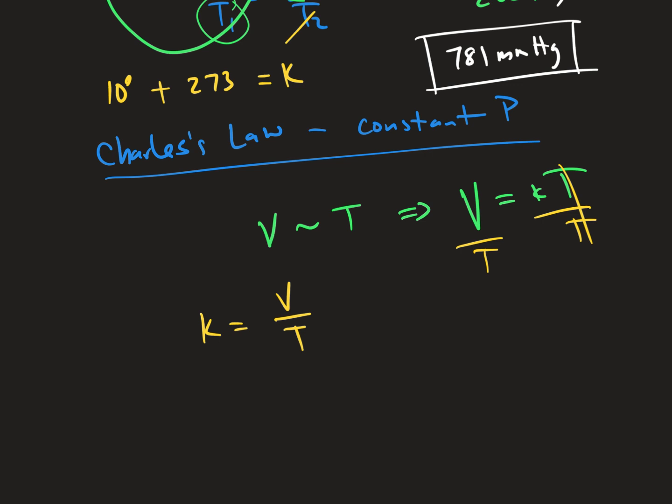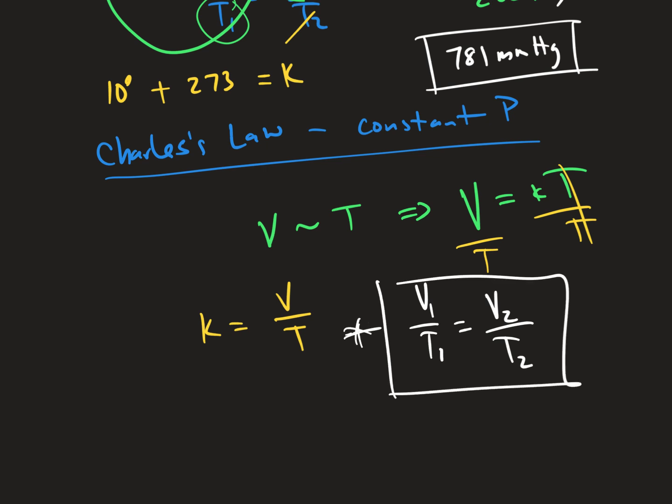V1 over T1 equals V2 over T2. Because the ratio of volume and temperature, if pressure is constant, will always be the same. Making sense so far? Okay.